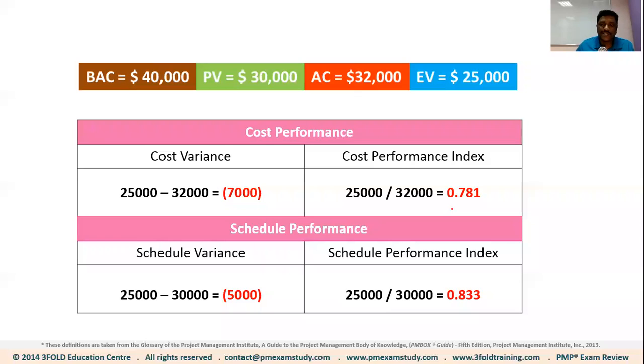So it's 22 cents per dollar, right? So this gives you an idea of how much you could possibly lose by the time you complete the project. So CPI is used to understand the magnitude of your project performance, and CPI is used to calculate the forecast of the project cost, which we're going to do in the next few slides.